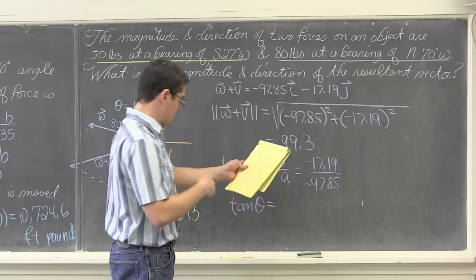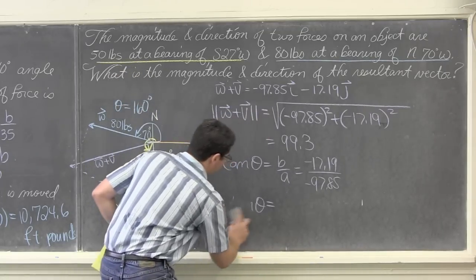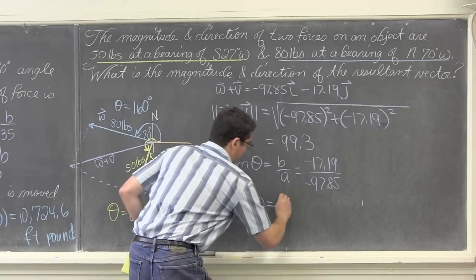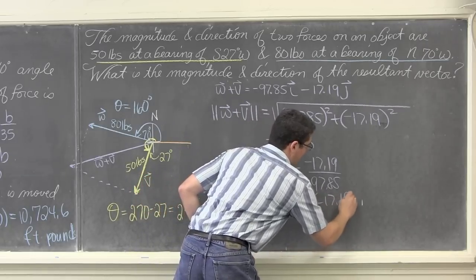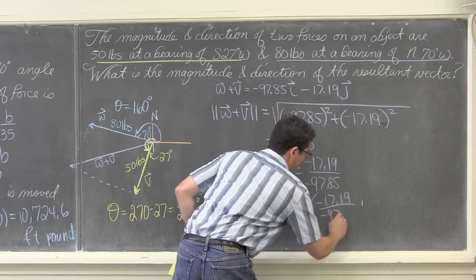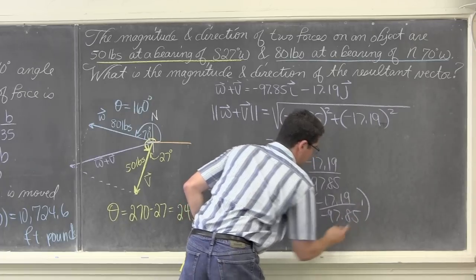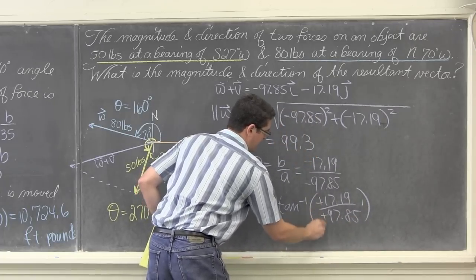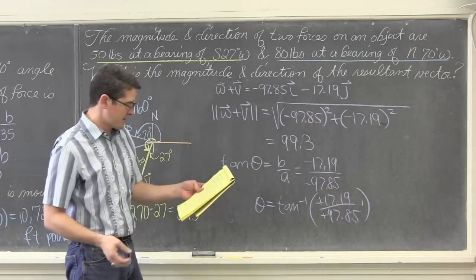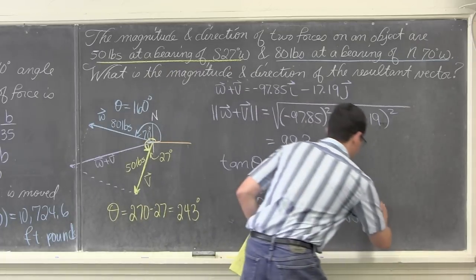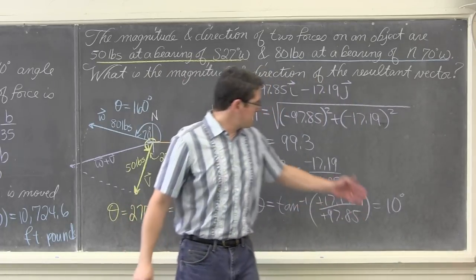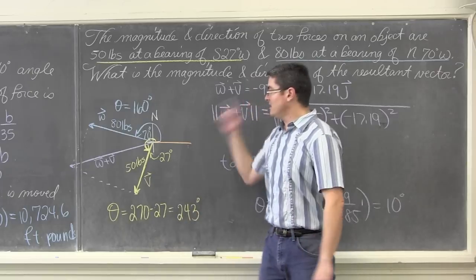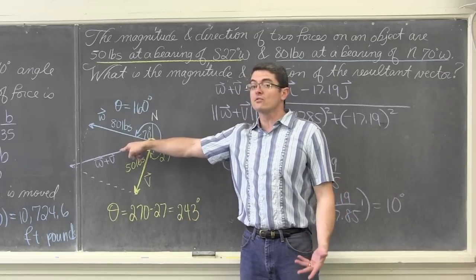Well, how about we just do this? Theta is equal to the inverse tangent of negative 17.19 over negative 97.85. Of course, these negative signs are going to cancel out, and the inverse tangent of that comes out to be 10 degrees. Now, that's all fine and dandy, but 10 degrees is not in quadrant 3.